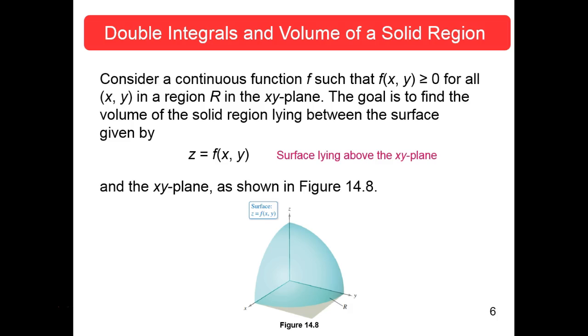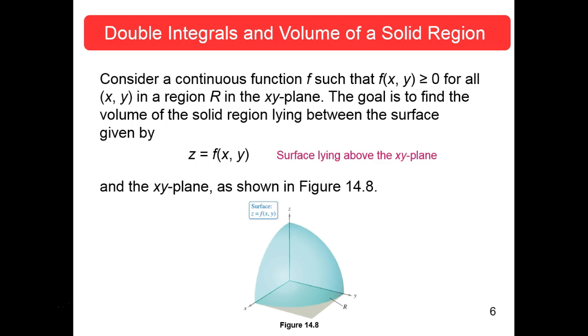The goal is to find the volume of the solid region lying between the xy plane and the surface given by z equals f of x, y, just in the first octant, you might say.